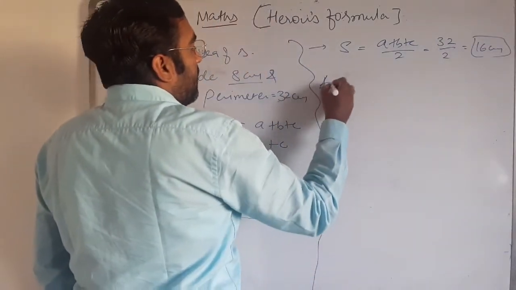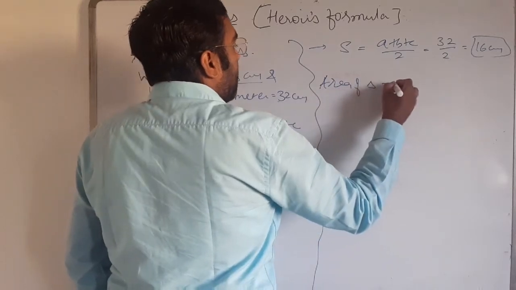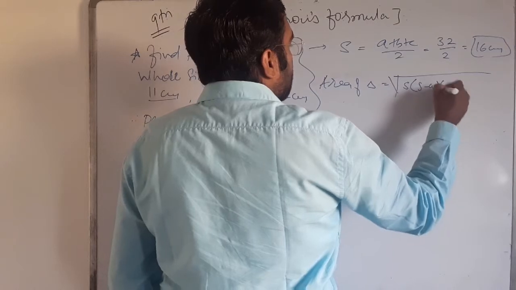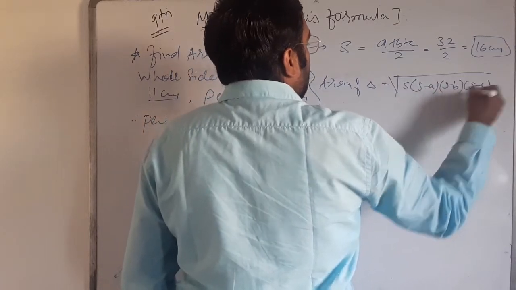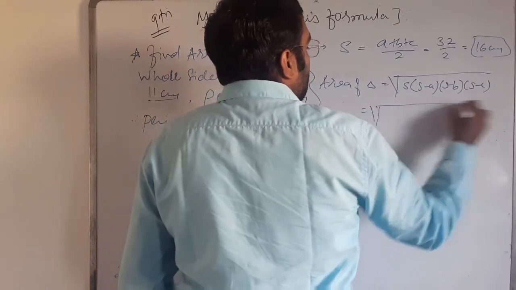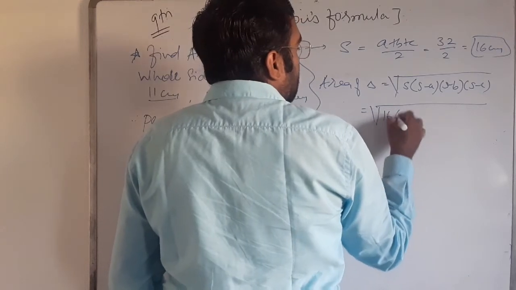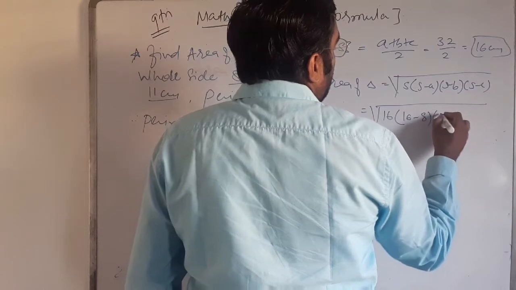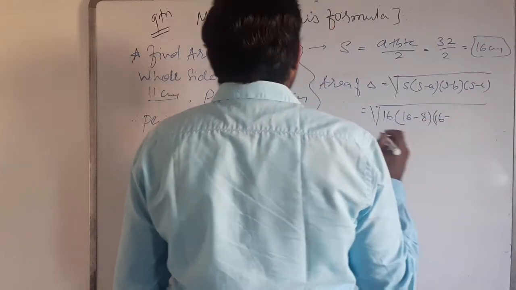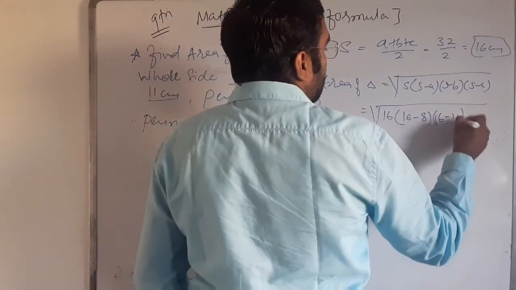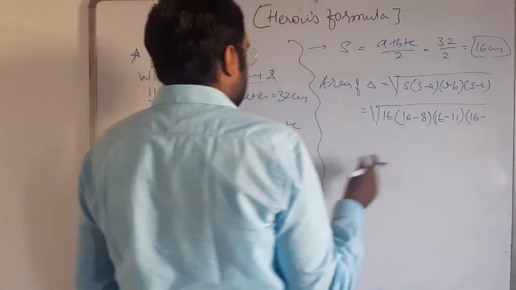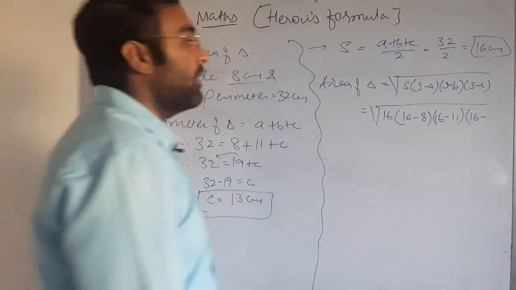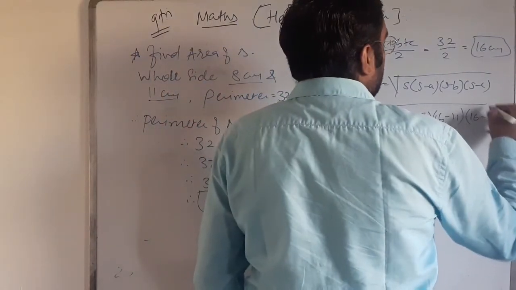Now we have to find the area of the triangle. The area is the square root of s minus a, s minus b, s minus c. So under the square root, s is 16, a is 8, so 16 minus 8; the second side is 11, so 16 minus 11; and the third side we have already found, 13 centimeter, so 16 minus 13.